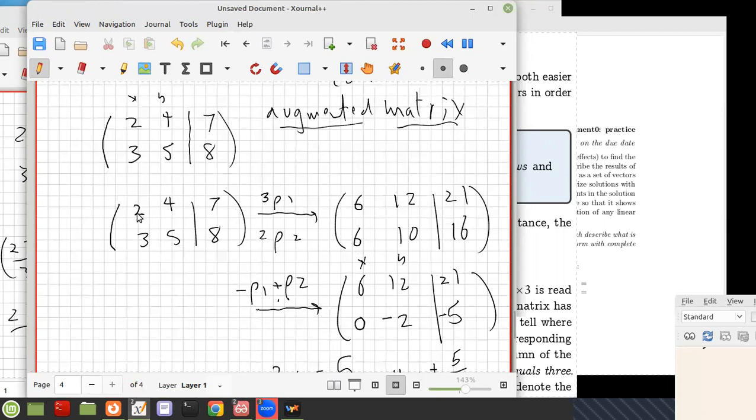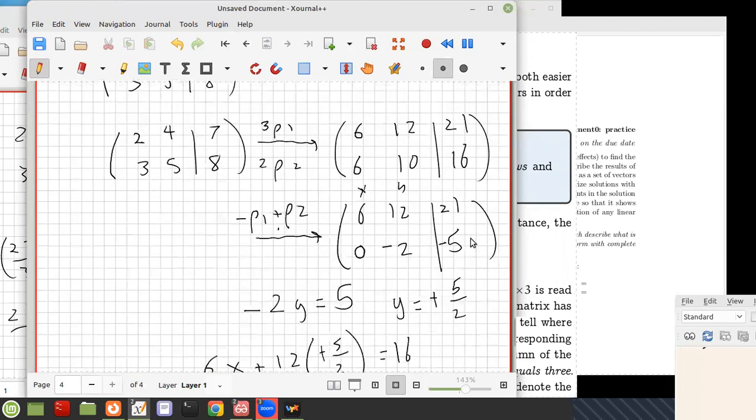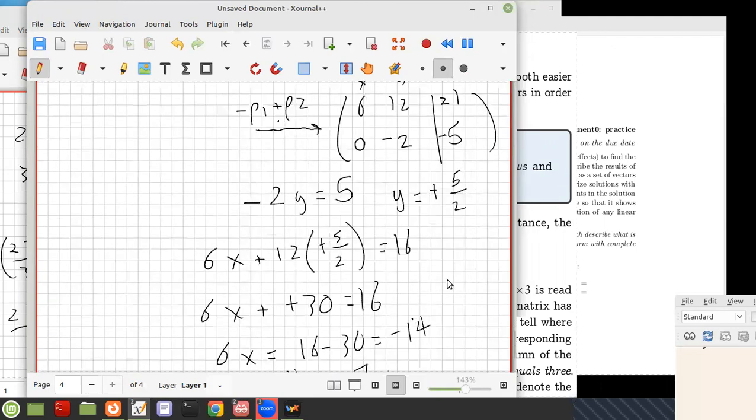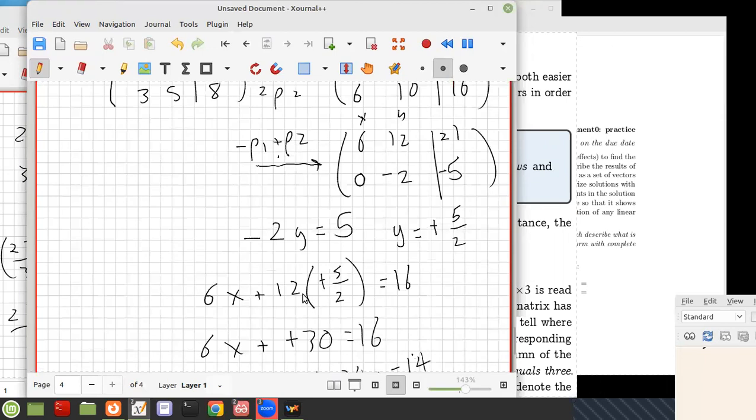Okay, let's look and see. 3 times row 1 is 6, 12, 21. This would be 6, 10, 16. And then I'm subtracting. This should be minus 2. This should be minus 5, right? Right. And then if you scroll down a little bit, you use back substitution to solve for x.